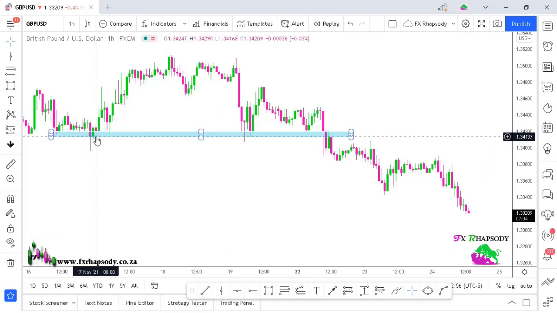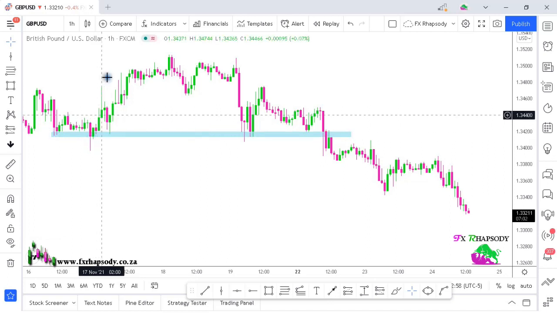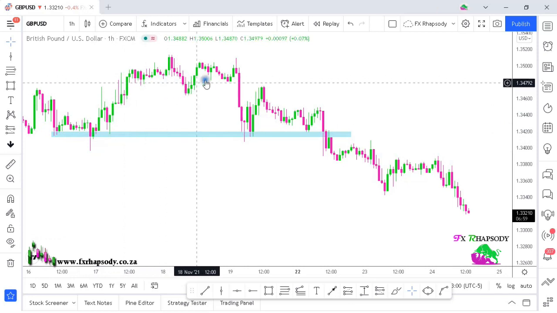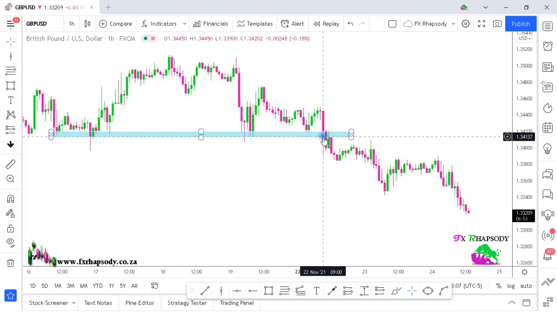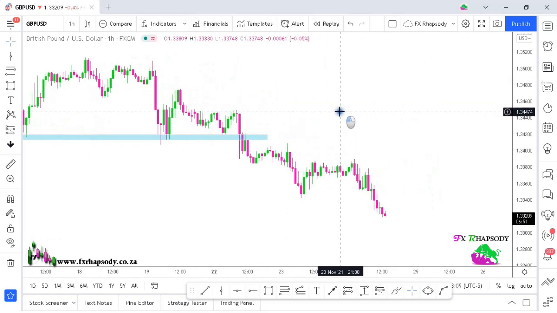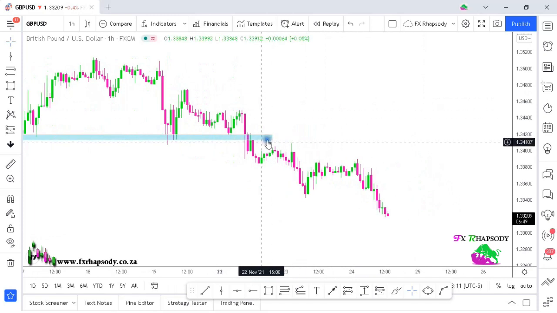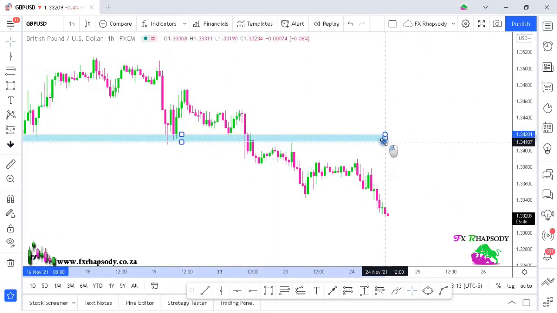So it formed a structure. So second touch, coming up, retesting it, price hovering above it, coming down, retesting it, closed above it, not breaking it, hovering. And then what happened this week? Price broke below structure, just moving sideways.